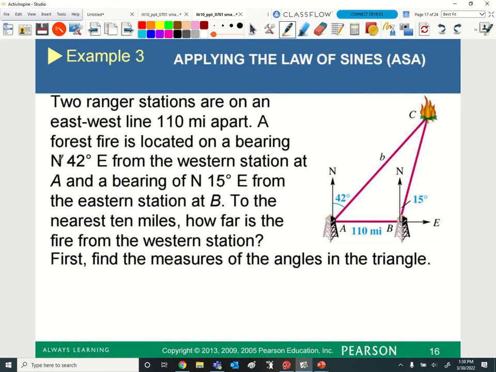Is that in the middle? So is it northeast? What does bearing mean? I'm trying to get there. So that's north by 42 degrees east.